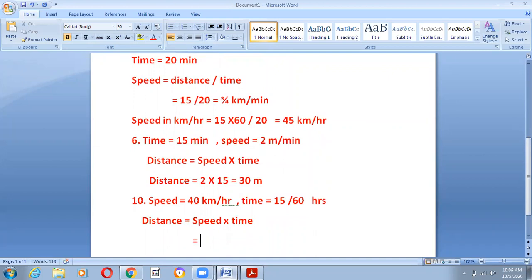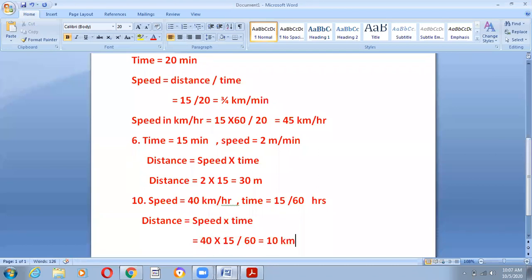It will become 40 into 15 divided by 60. That will become 10 kilometers.